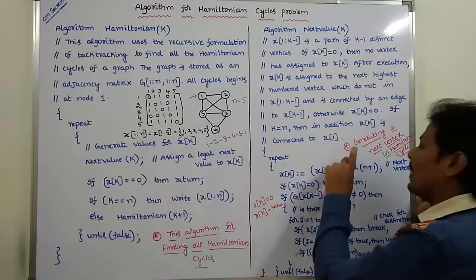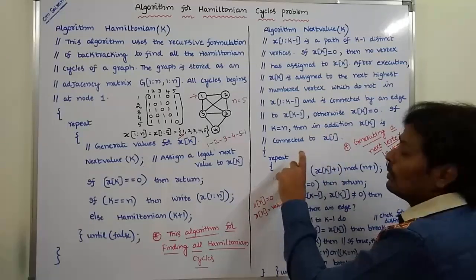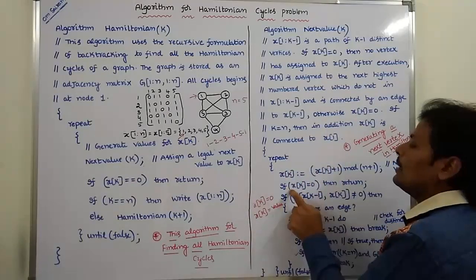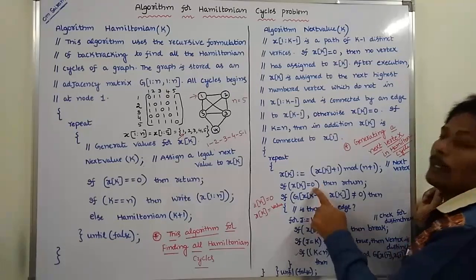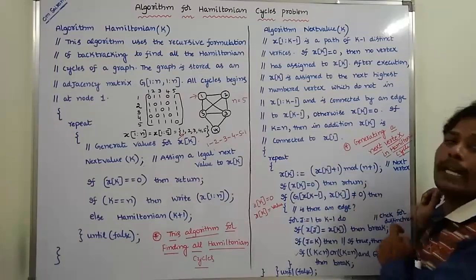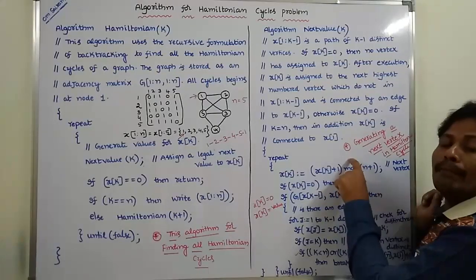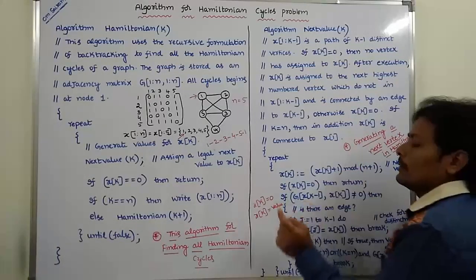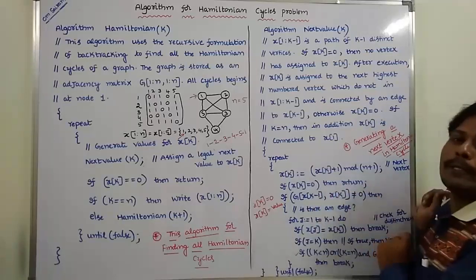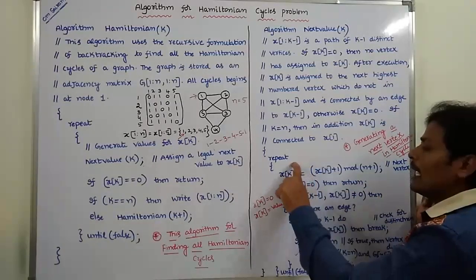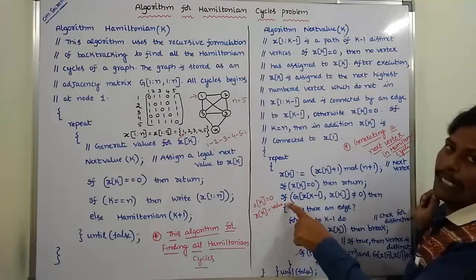We have to check this condition. If x of k is equal to 0, then return. If this function returns some non-zero value, that is, x of k is equal to some non-zero value, then it goes to the next condition.